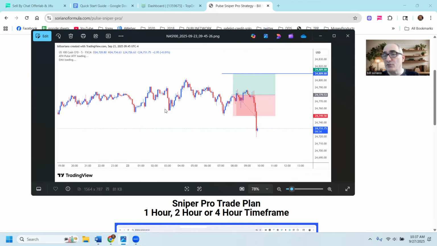Sometimes when you come to the charts on TradingView, it takes a little bit of time to load the EMA and to load the indicator. And apparently I took this picture too fast. We did get the ATH alert here, and it did close above the 55, but it ended up losing. Okay. So obviously I wouldn't show you a losing trade if it wasn't a valid losing trade, right? So that's a loss that we had here.